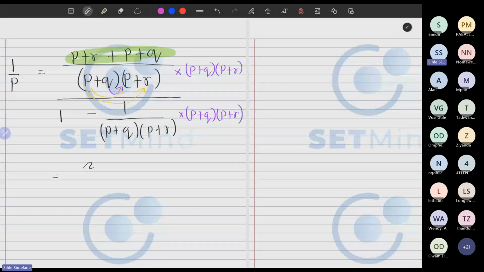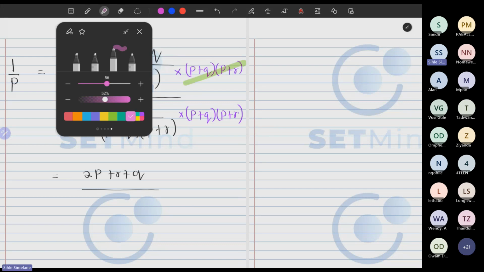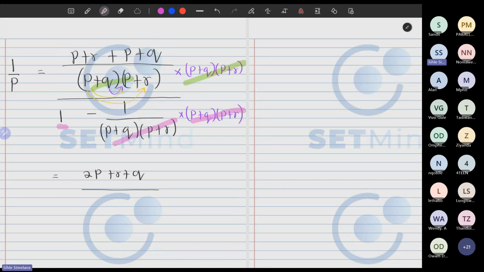So when we look at the numerator, you'll just have your P plus R plus, well, let's add them, it's 2P. So you have 2P plus R plus Q, all divided by, that denominator will cancel. This one will cancel that. So if you look at the other one, that denominator will cancel that, but it will multiply there.